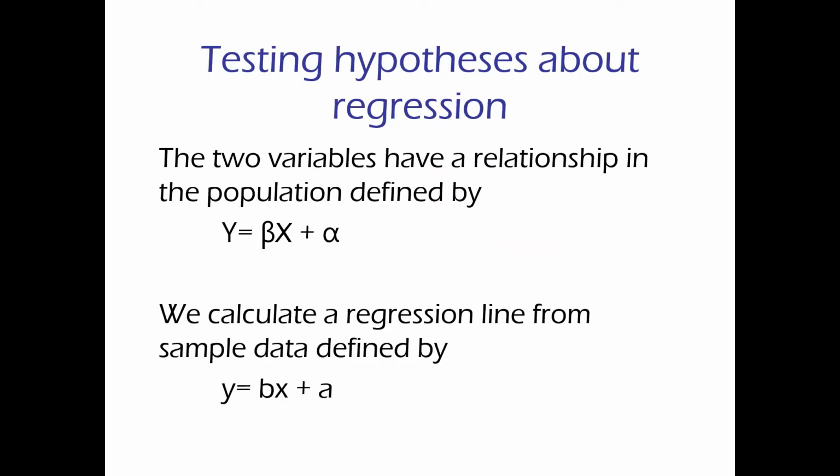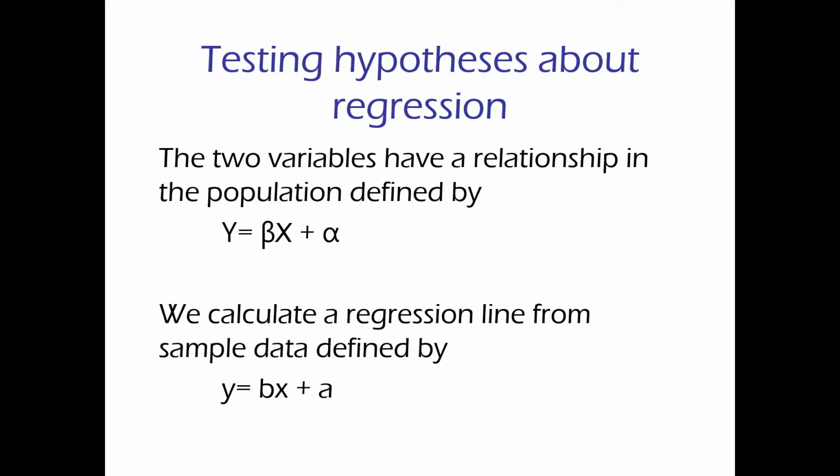Now let's talk about how to test the hypothesis about regression. We already learned that the simple linear relationship between the two numerical variables in the population can be defined as y equals beta times x plus alpha, where alpha is the intercept and beta is the slope.